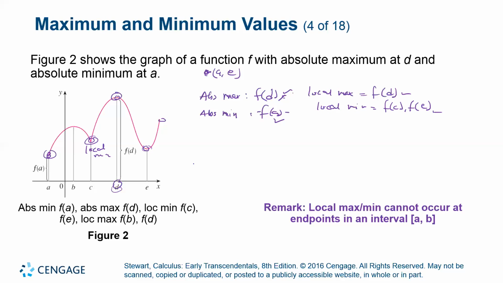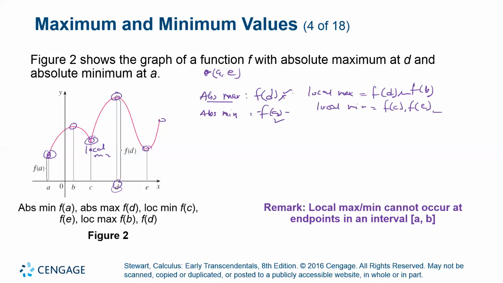In fact, we also have a local maximum at b. So at b, there is a local maximum there. And f of d is the absolute maximum, again, because over the entire domain, that is the largest value of the function.